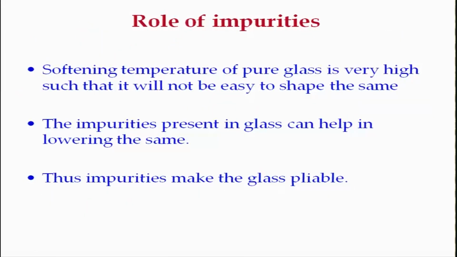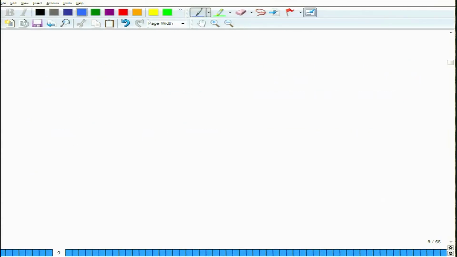Basically, this kind of thing is achieved by adding impurities, and these impurities lower the softening temperature of glass, which otherwise is very high. And if the softening temperature is very high, you cannot mold the glass into the shape you require very easily. That is why one adds impurities like sodium oxide and potassium oxide to the glasses, so that one is able to achieve the required level of softness to mold them in various shapes. So perhaps we can wind up this lecture here very quickly.